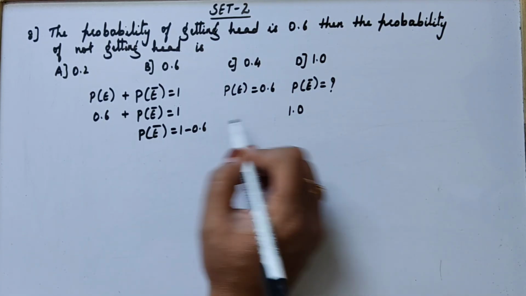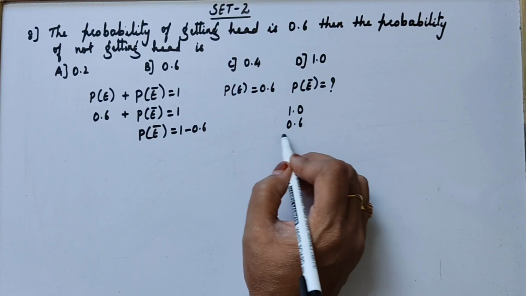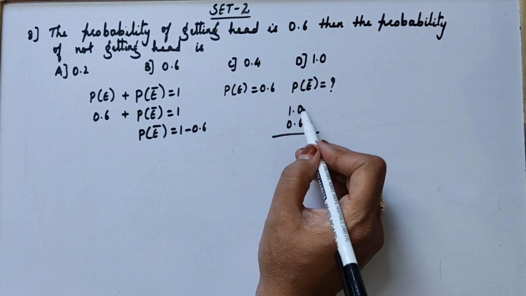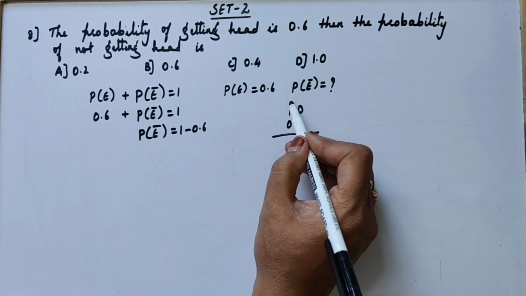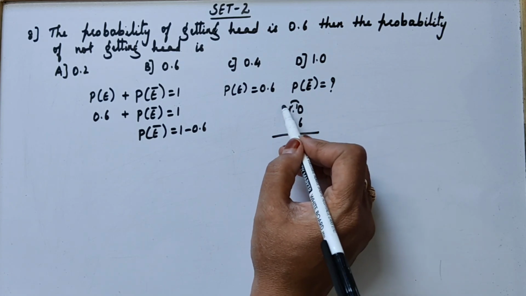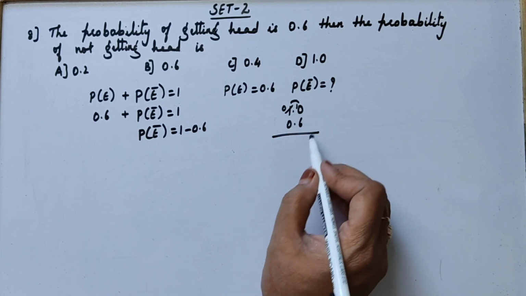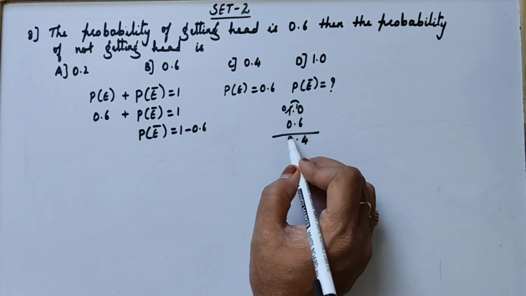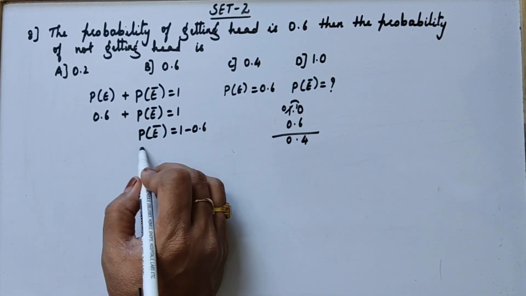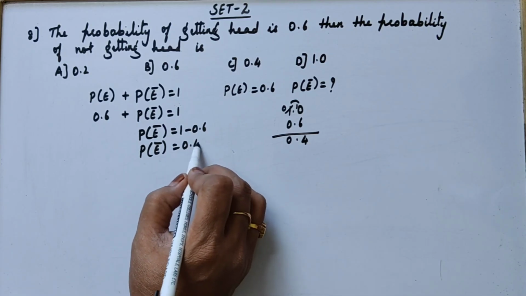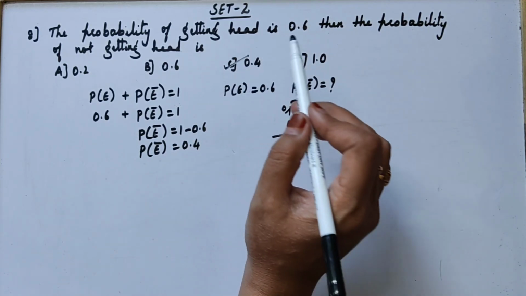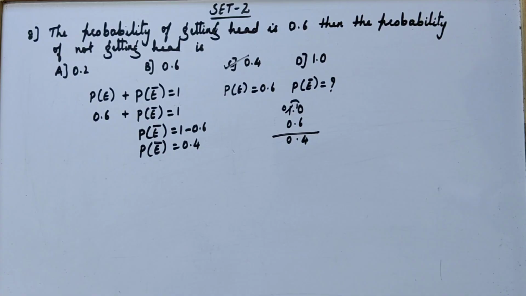Now from 0 we cannot take away 6, so we'll borrow 1 from here. This will be 0. 10 minus 6 is 4. Point here 0. 0.4 is the answer, equals 0.4. So option C is correct, students. I hope this is clear.